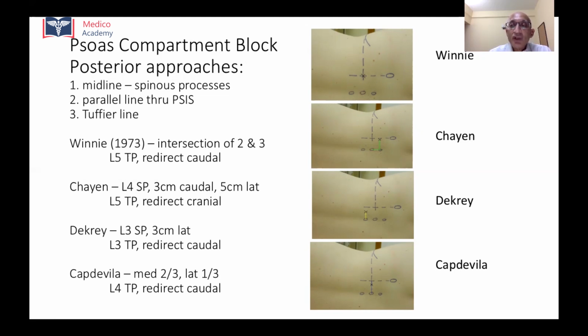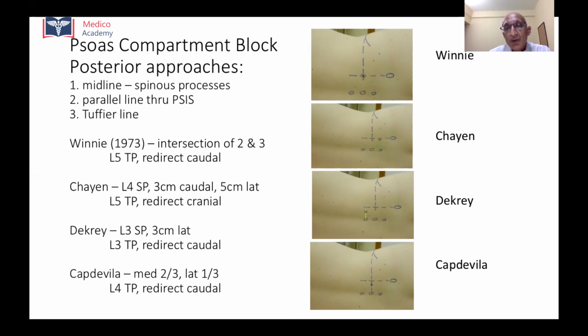Capdevila modified Winnie's approach, and his needle insertion was on a line joining line 1 and line 2 at the level of L4, and the junction of medial 2/3 and lateral 1/3 was the needle insertion point. Needle is supposed to strike the transverse process of L4 and redirected caudally.